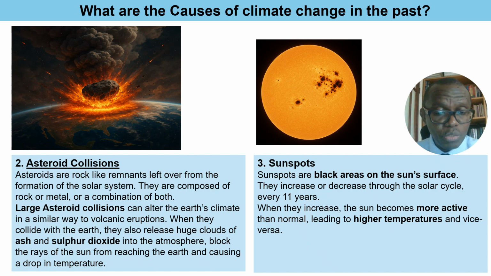And when the sunspots increase, the sun becomes a lot more active, and it leads to higher temperatures and vice versa. So when you don't have as many sunspots, then the sun is less active, and therefore the temperatures are not as high. And again, this can alter global climate.